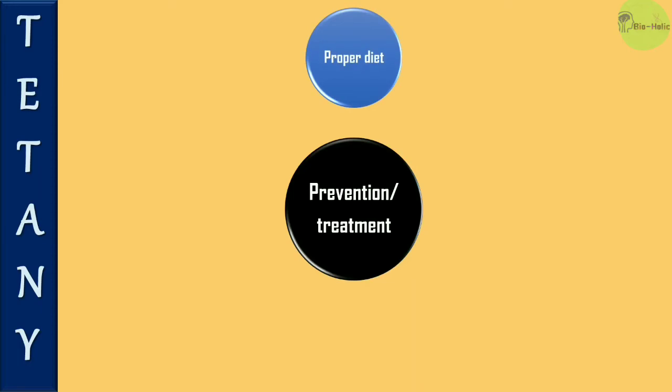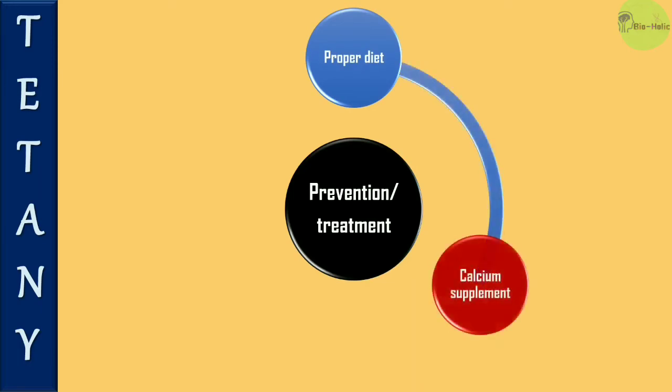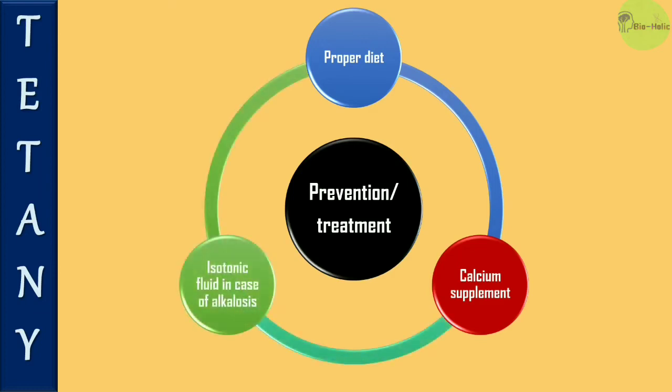Tetany can be prevented by intake of proper diet. Calcium supplement should be given to the patient, and sometimes in case of alkalosis, isotonic fluids should be administered.